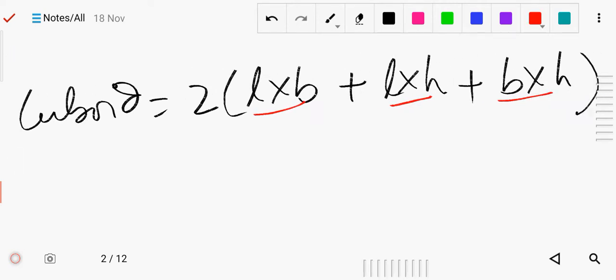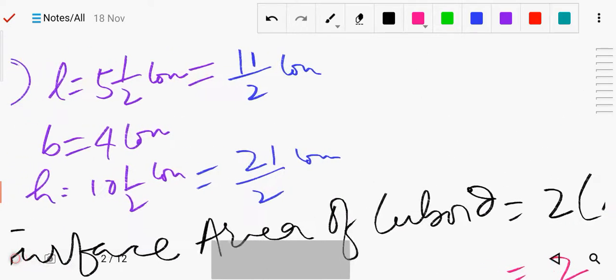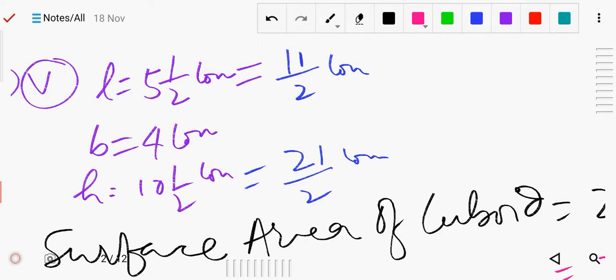Now we will put the values of all. Here L is 11 by 2, B is 4 and H is 21 by 2.